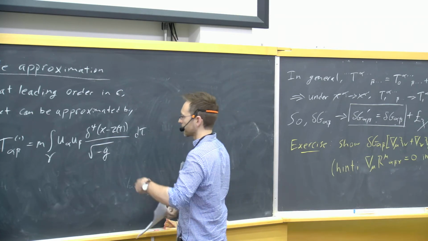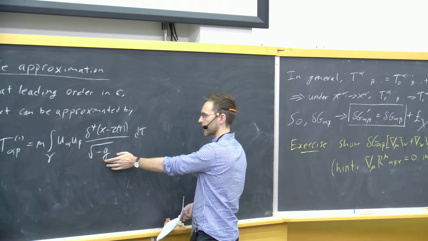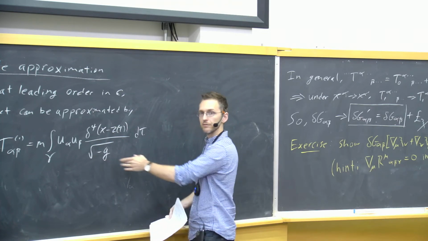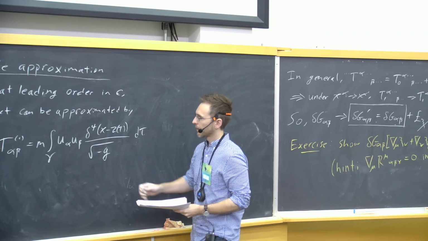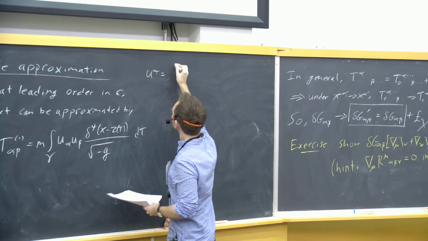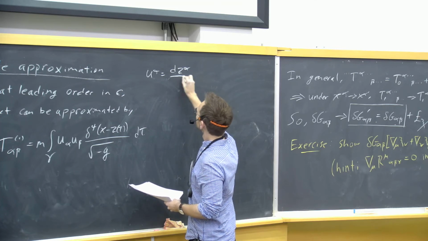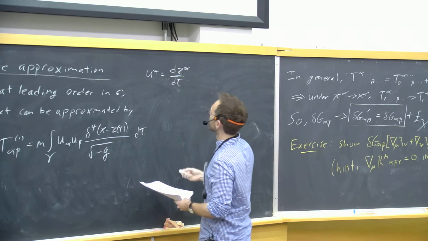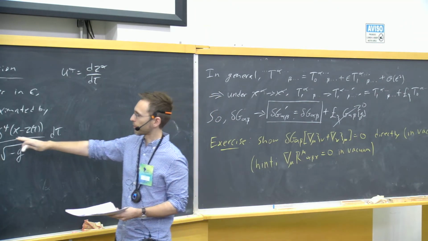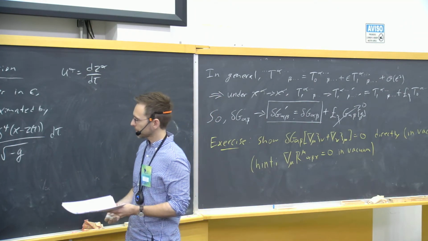So just as in Luke's lectures, this g is not the trace, it is the determinant of the metric. This u is the derivative of z with respect to tau, and this is a four-dimensional delta function.